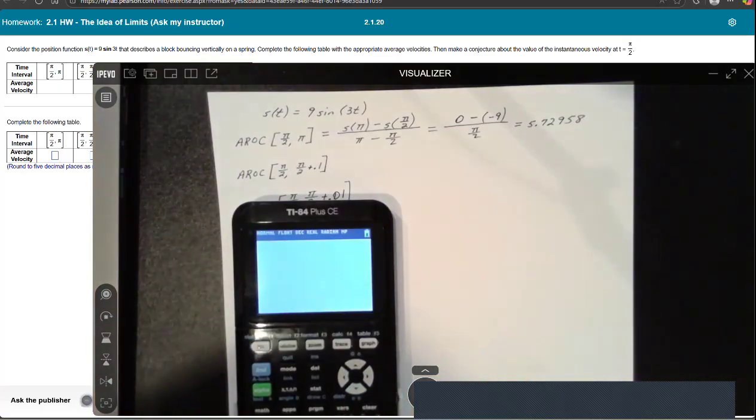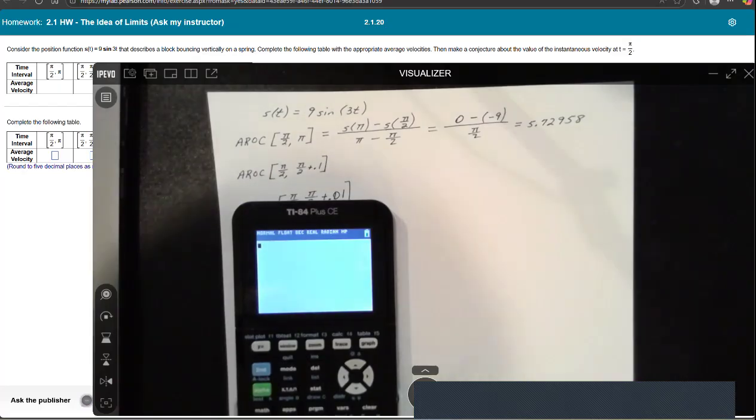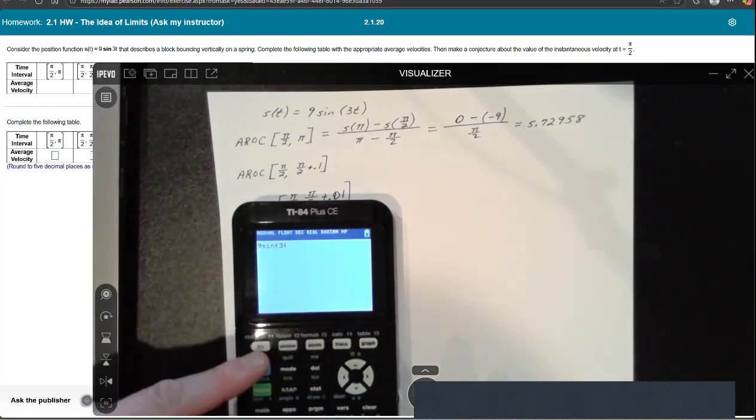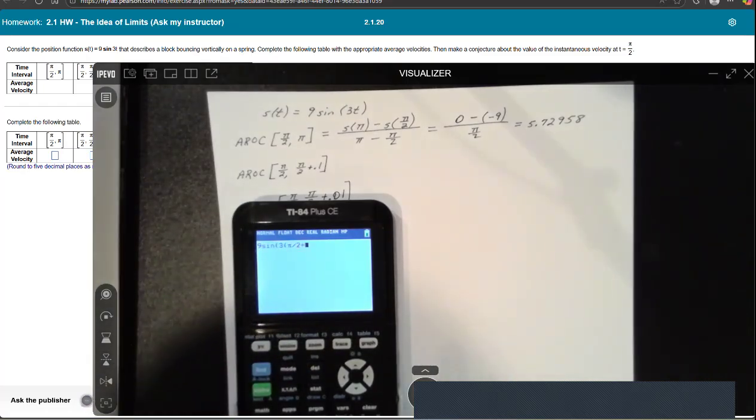On this next one, if I want the average rate of change from pi over 2 to pi over 2 plus 1, then all I need to do is evaluate my function 9 sine of 3 times the group, and it's going to be pi over 2 plus 1.